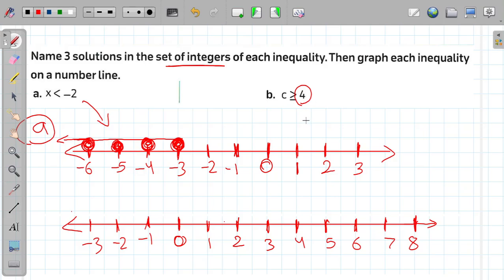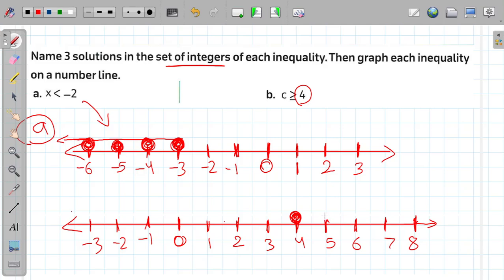So I want 4 and more. Okay, so the first number here is 4, and I want numbers that are more than 4.